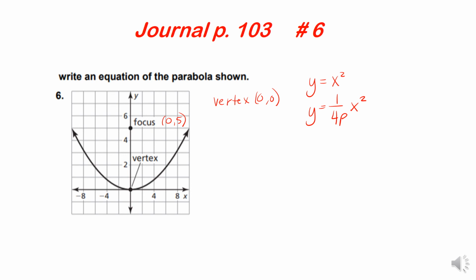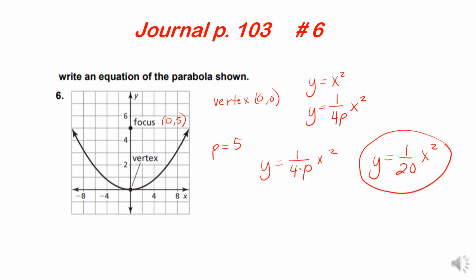So that means p equals 5, which means my equation is going to be y equals 1 over 4 times p x squared. And so my equation is y equals 1 over 20 x squared. Okay? And that is the equation of your parabola.